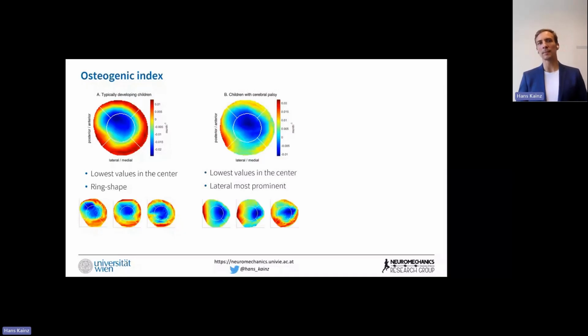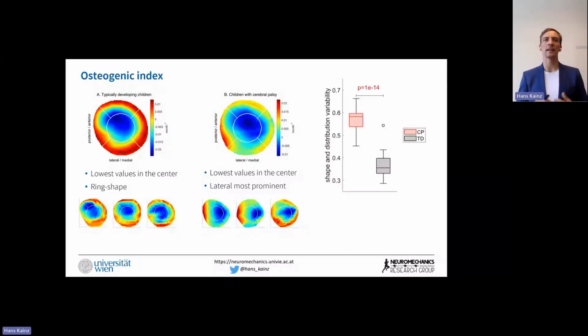If you look at 3 participants, you can see there were quite large differences between participants. Some had a shape similar to our healthy participants, some had very different ones. And as expected, the variability in the shape and distribution of this osteogenic index was a lot larger in the CP compared to the healthy participants.